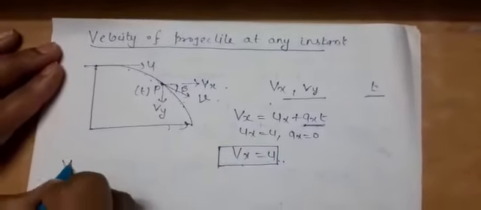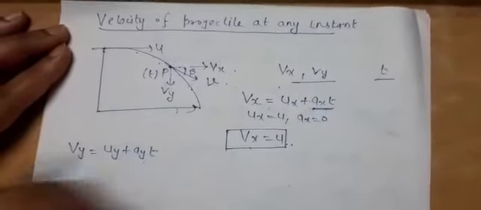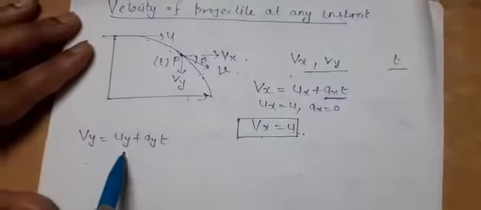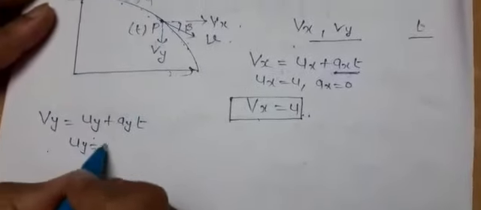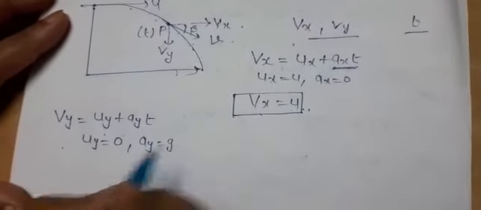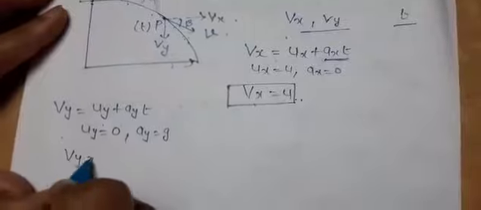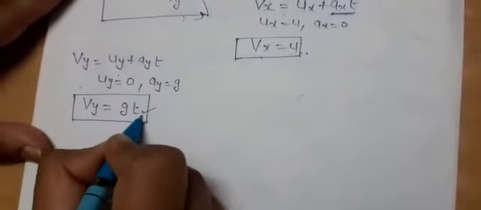Similarly, to calculate the vertical component of velocity, we will use the equation Vy equal to Uy plus Ay t. Again, Uy, the initial vertical component of velocity, is 0 and Ay is g. Now you can see that the vertical component is changing with time t.